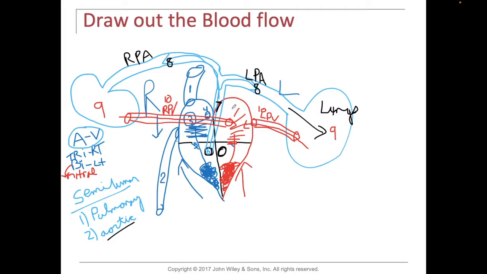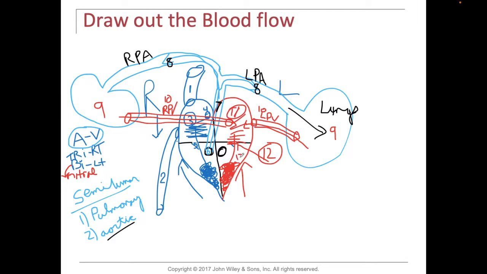So let's say 11. We'll call 11 the left atrium. And then let's say 12 will be the mitral valve.